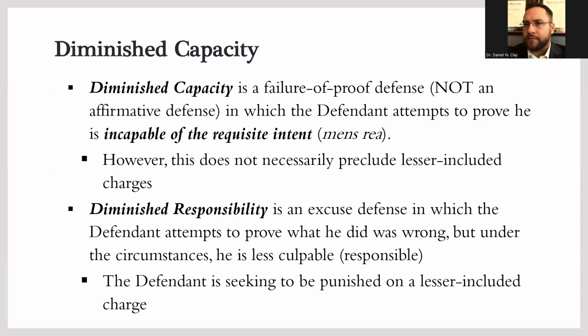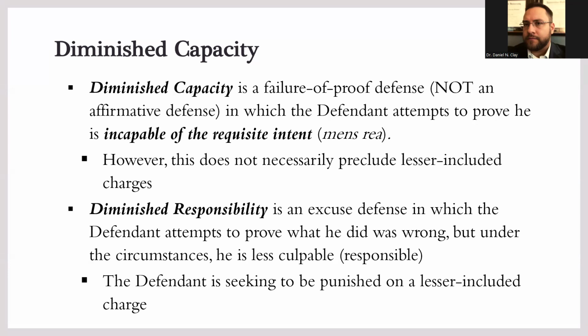So let's say that the statute requires that you do something purposefully. But what you're trying to say is, look, I had this mental problem that I can't do things purposefully. I can't do something premeditated. I can't plan something because I have whatever this disease is, right?